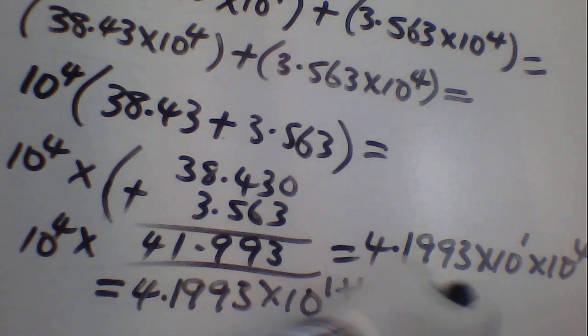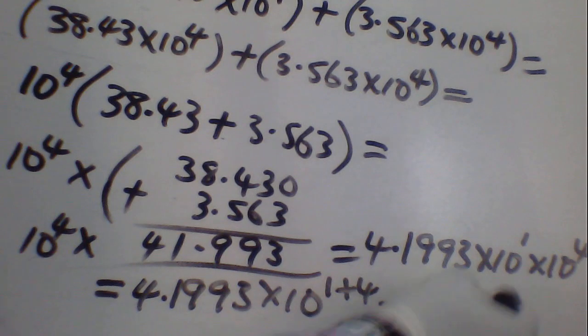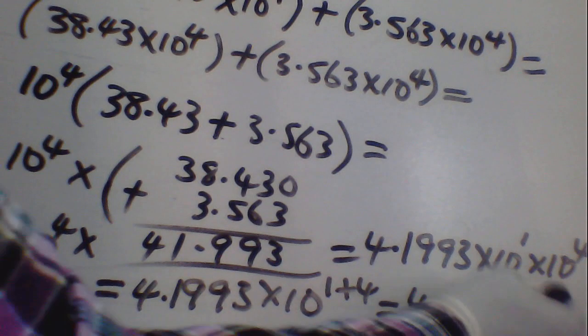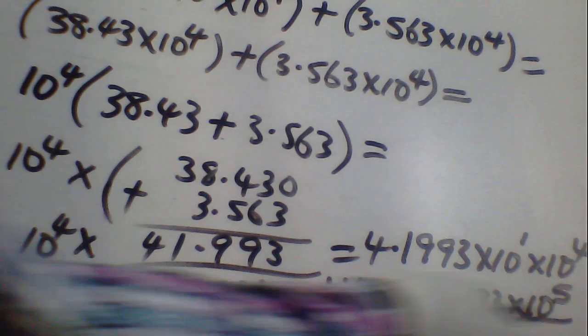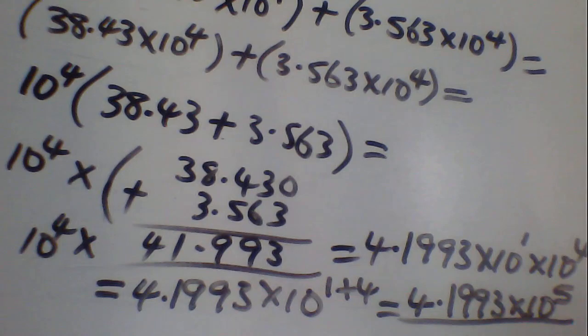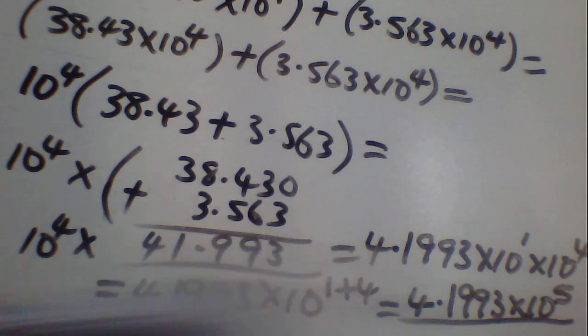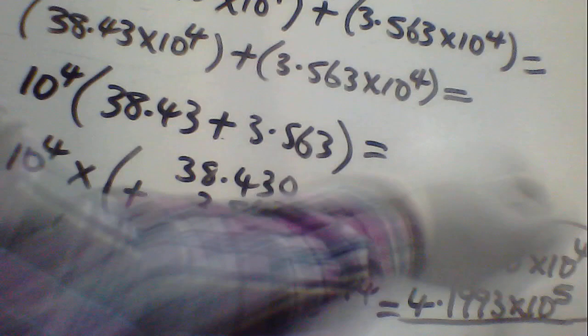So here you have 4.1993 times 10 raised to the power 5, and that is the answer in what? In standard form. Although if you want to, you can still write the answer in expanded form.